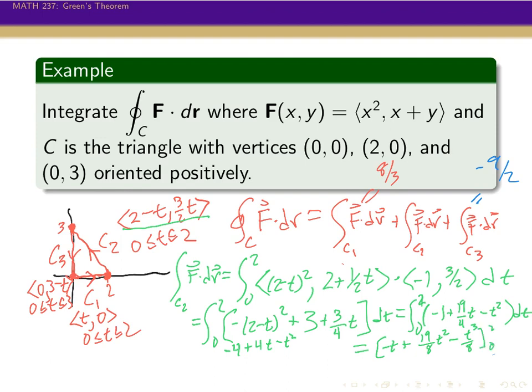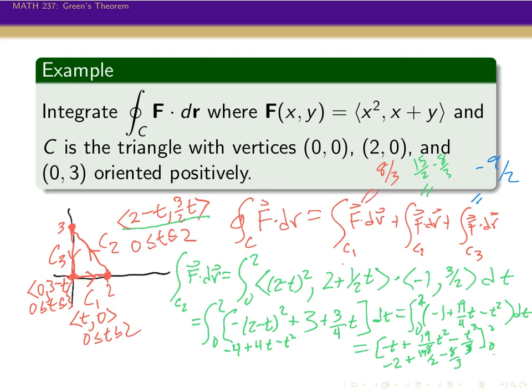Plugging 2 in here, I get minus 2 plus 19 over 8 times 4, which is 19 halves, minus 8 over 3. So 19 halves minus 2 is 19 halves minus 4, which is 15 halves. And so this is 15 halves minus 8/3.